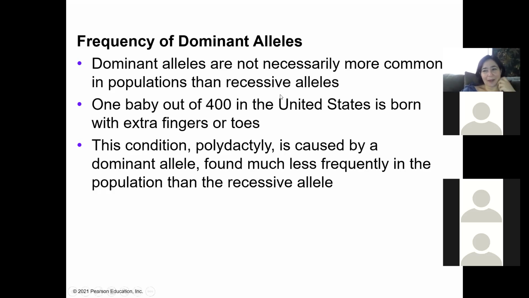A long time ago, I had a PowerPoint presentation for a genetics class, not for BIO210, just for general biology. I put a picture at the beginning of the presentation. It's about genetics, and the picture I put was actually polydactyly, a hand with an extra tiny finger on the thumb.